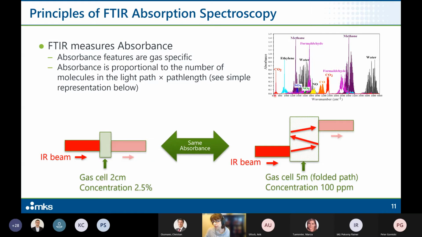But if you have ethylene at percent level, that whole region is going to be fully absorbed, and that means you cannot measure anything in that region anymore. By having percent level of hydrocarbons, you're hiding full regions, which makes the analysis more difficult. So this is the additional thing people need to worry about in terms of whether to dilute or not, or to use a path length of 2 centimeters versus 5 meters.